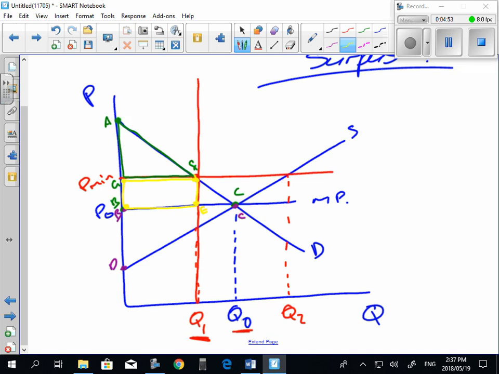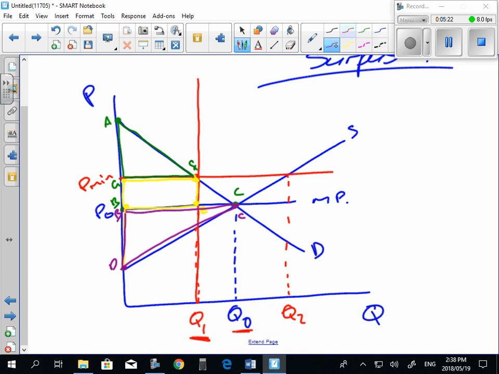So that yellow rectangle has been transferred from consumer surplus to producer surplus. Do you agree? So producer surplus has grown from ECD, they have gained that yellow area.